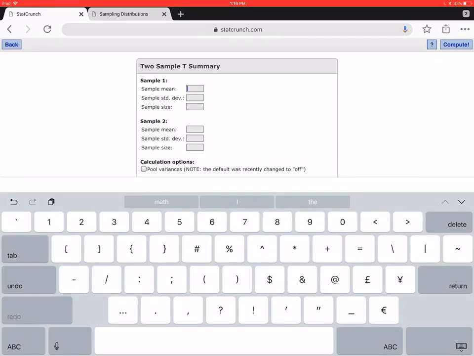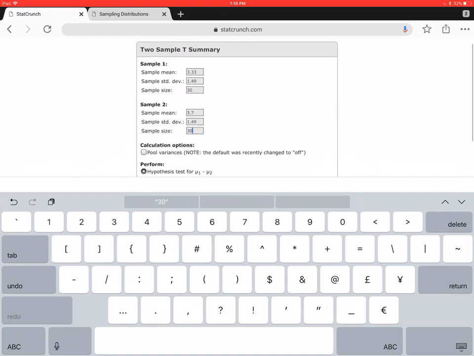Sample 1 was MC. So that one had a mean of 3.33, standard deviation of 1.49, sample size of 30. The other, OC, had a sample mean of 3.7, standard deviation of 1.49, and sample size of 30.